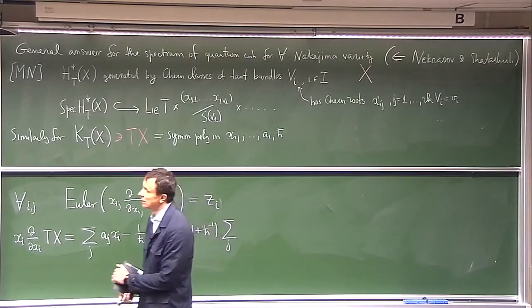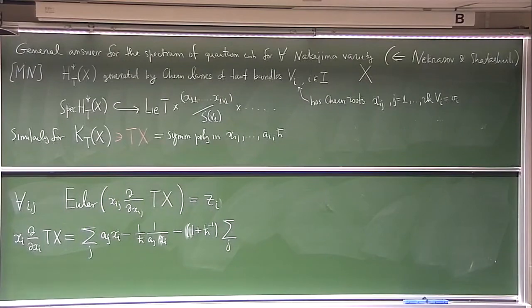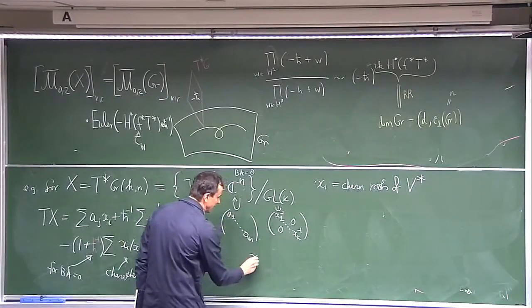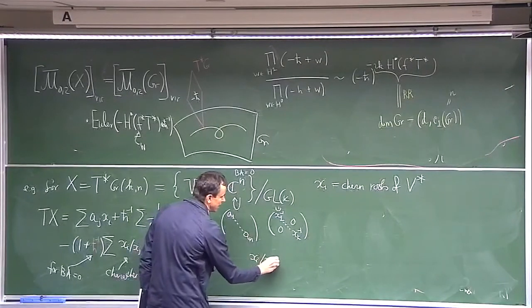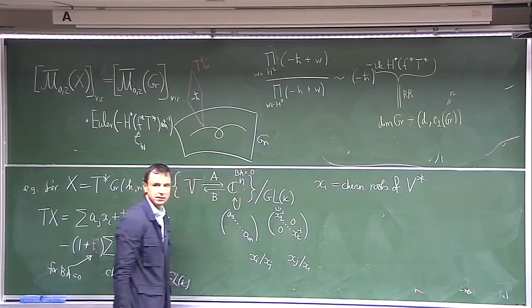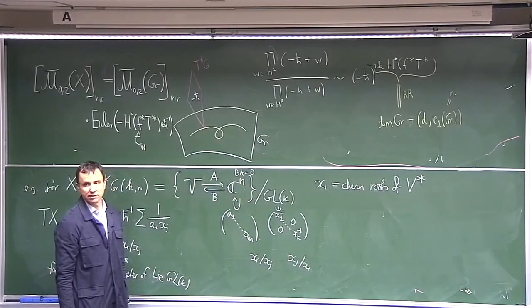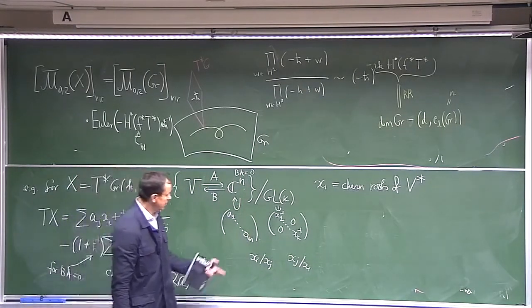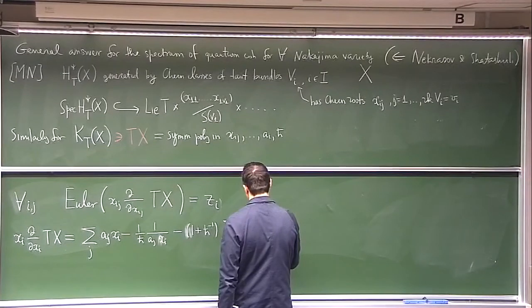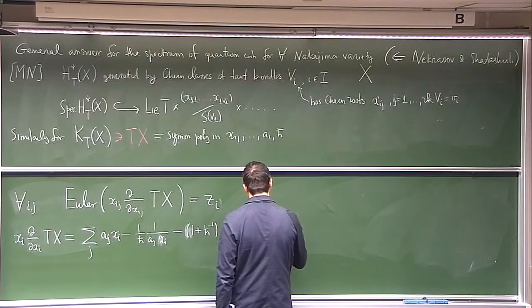Now in this expression, for every xi xj, I get the pair xi xj, and I get also the pair xj xi. And so this one will give me plus, the other will give me minus. So it's going to be xi over xj minus xj over xi.